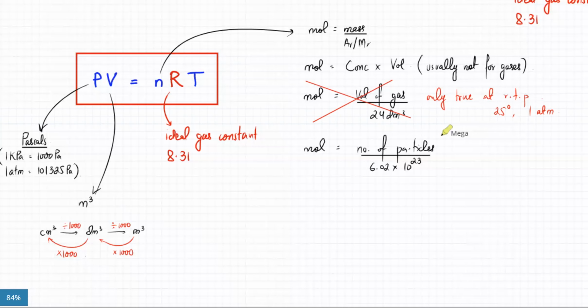Anyways, the only moles formulas that are going to work with PV = nRT are either the mass of the gas is given, and you can find the moles of gas. Concentration times volume, usually that's not used for gases. This one, never going to be used with PV = nRT because this one is only true at RTP, and you're not at RTP. The temperature could be anything. And the last one could be used.